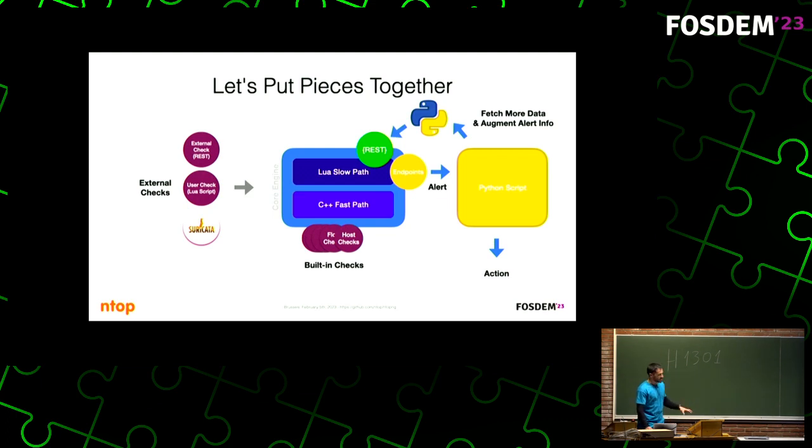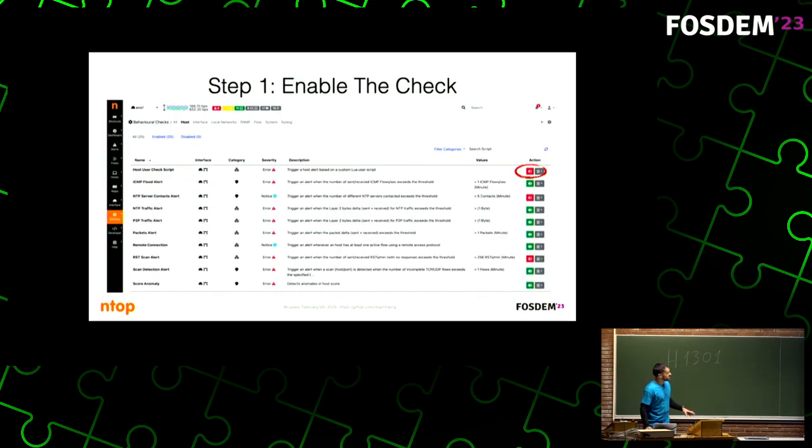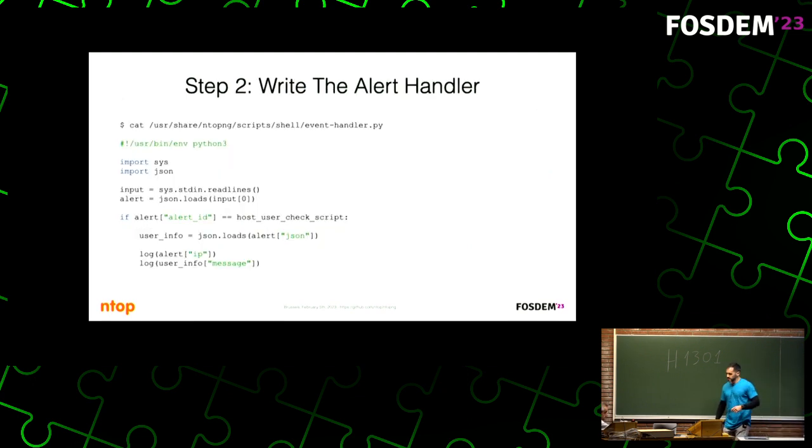In order to implement this, what you have to do in ntopng is, first of all, enable the check that you want to use to analyze the traffic. For instance, in this case, we are using a custom check that the user creates in Lua, as Luca showed you before. Then, if you want to write your Python script that reacts to this event, you have to write an alert handler, which is a script that you place under the ntopng shell script directory.